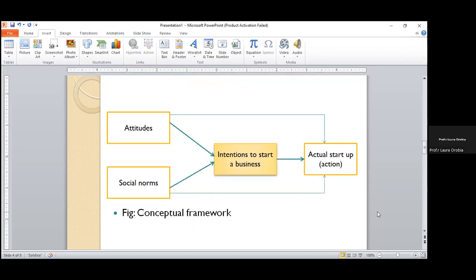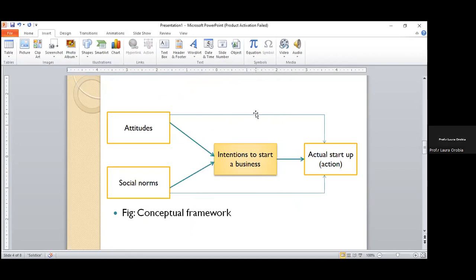What about that? We also have conceptual frameworks like that. You see 2 arrows leading to that middle variable, then another one going out of it. So what do the arrows in this conceptual framework mean? There are direct relationships to be tested, and then there is the indirect relationship to be tested.